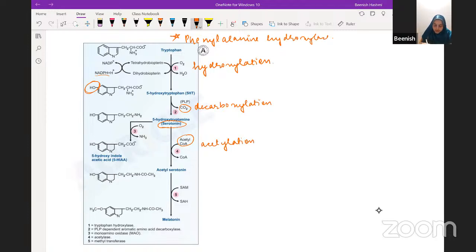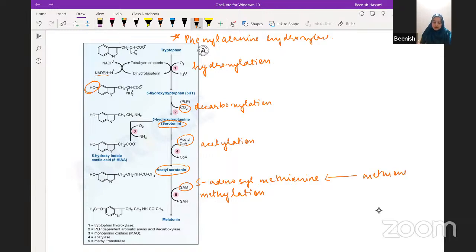Serotonin gets acetylated to form acetyl serotonin, and then after acetylation, methylation is taking place. For methylation, SAM is being used, which is S-adenosyl methionine, and it is derived from methionine.